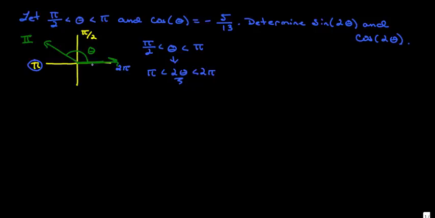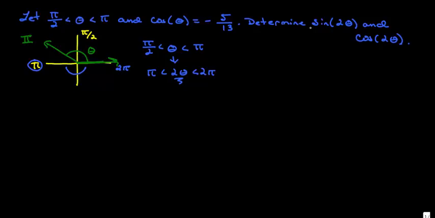So this angle, when doubled, is either going to fall, so if it's exactly 90 degrees, it would fall right over here. And if exactly pi, it would fall at 2 pi. So it's going to be somewhere down in these two quadrants.